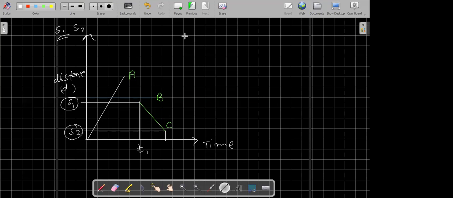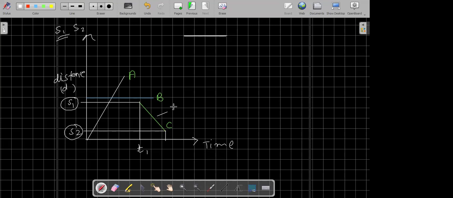Suppose you start from some position, travel 4 units, then return back. Your distance will not become zero; your distance will become double of it. Distance doesn't become less, it doesn't become negative. So this graph C represents that the distance is decreasing, which is not possible. So can I say graph C is not possible?